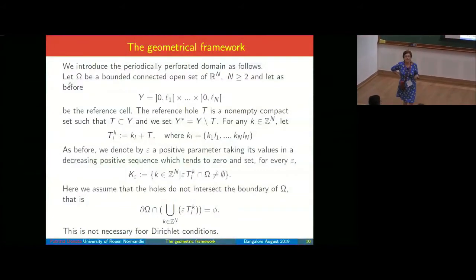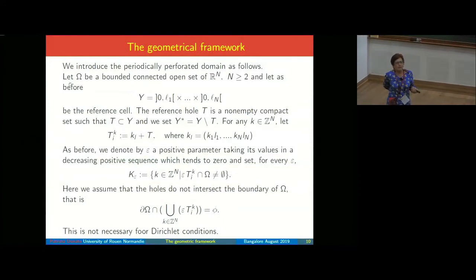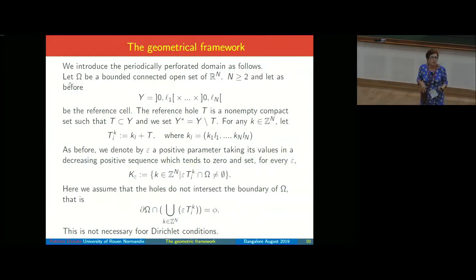This is not such a nice assumption, because that means that in practice epsilon should be some power of 2, for instance, and the domain has to be a union of periods. Mathematically it doesn't matter, but it is not a nice assumption; it is the historical assumption. It's needed really in this context only for Neumann, not for the Dirichlet condition. But now with unfolding or two-scale convergence this hypothesis is no longer necessary.